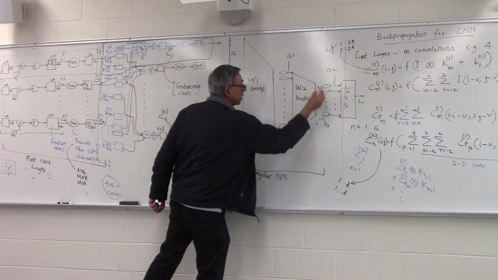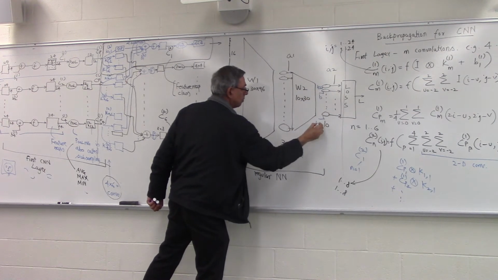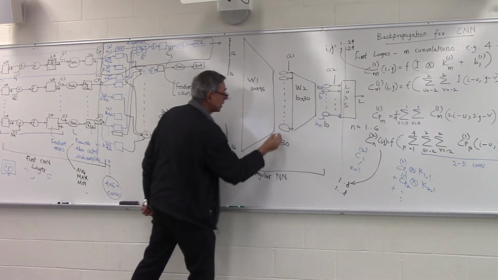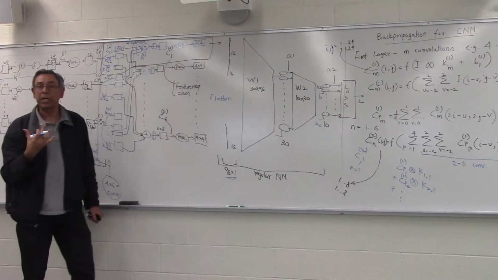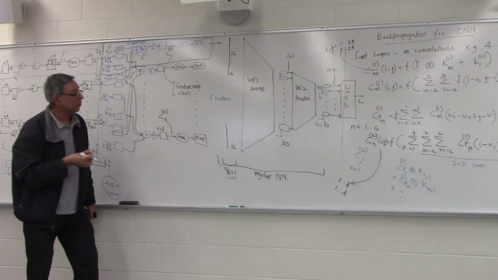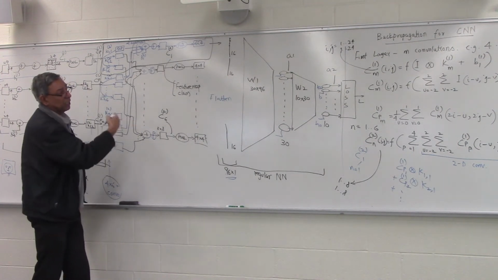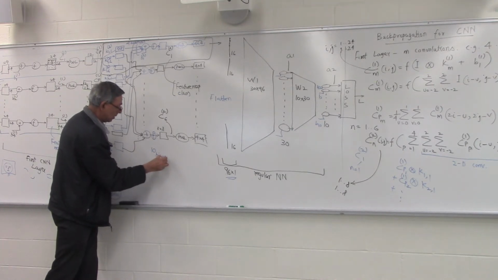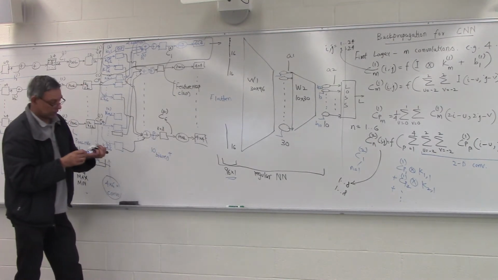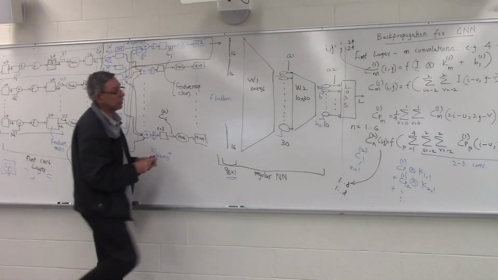So B1, B10, whatever. This one will have 30 biases because each neuron has a separate bias. Starting from the output layer, we have 10 biases, correct? Plus, then we have to learn the weights.